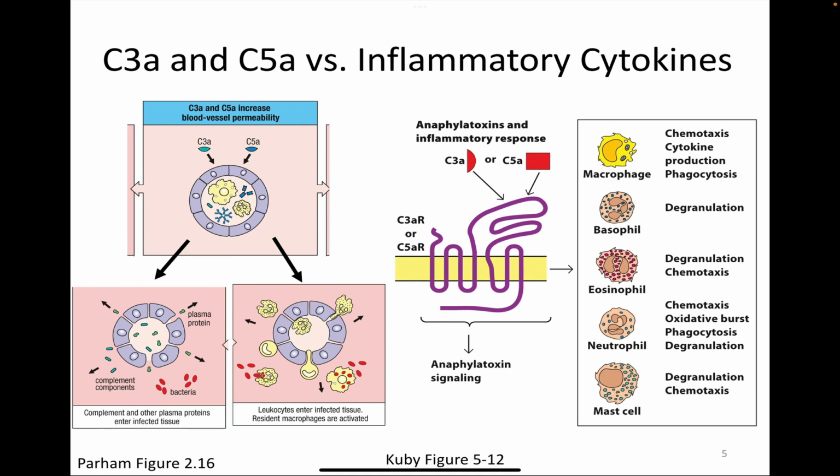So this is another place where different things that we've categorized in the immune system are showing some similarities. Technically, these were part of proteins of the innate immune system, and the cytokines we're talking about are part of cells of the innate immune system, but we're seeing the same kind of themes and features going on. And so many of the effects of C3a and C5a are actually really similar to these effects of inflammatory cytokines.